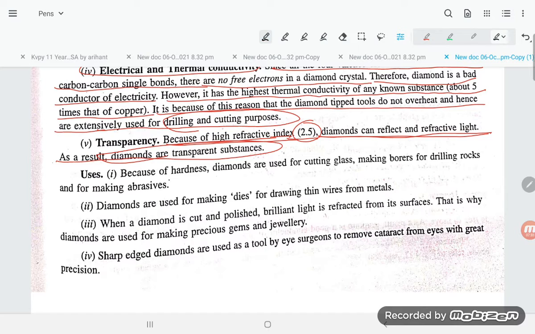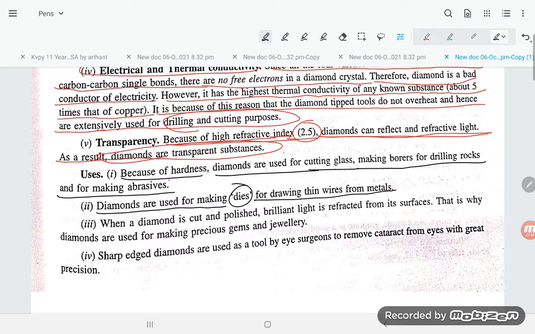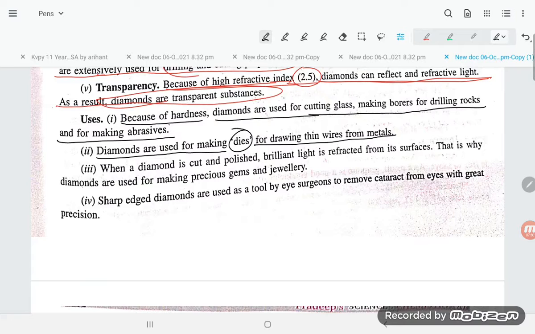Uses: where is it being used? Because of its hardness, diamond is used for cutting glass, making bores, drilling rocks and making abrasives. Diamond is used for making dies for drawing thin wires from metals. When a diamond is cut and polished, brilliant light is refracted from its surface.